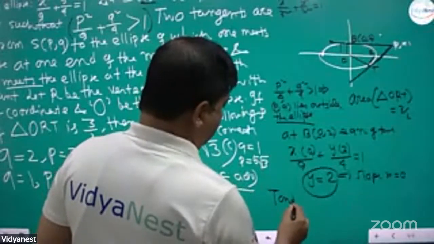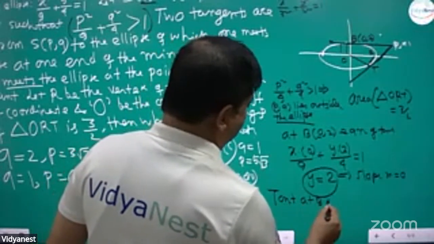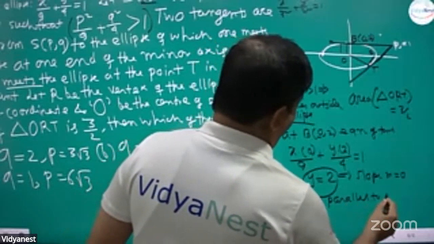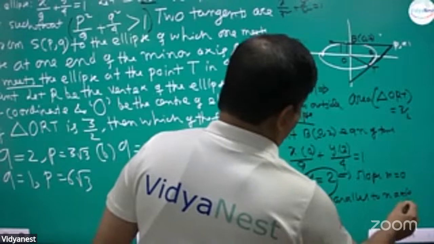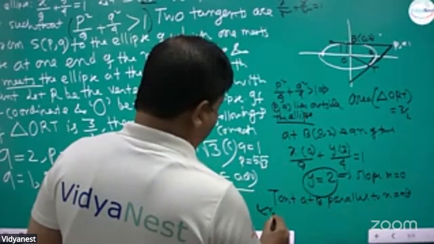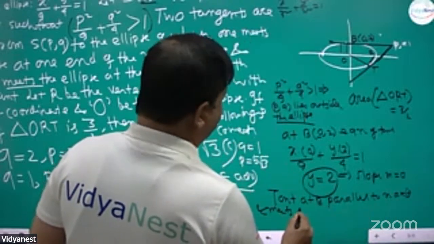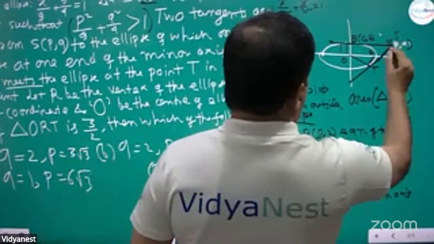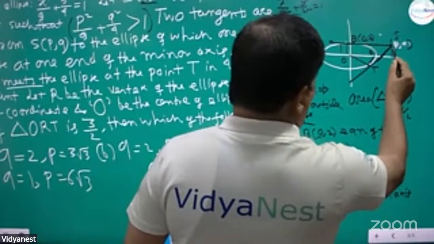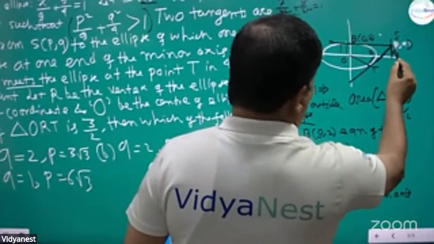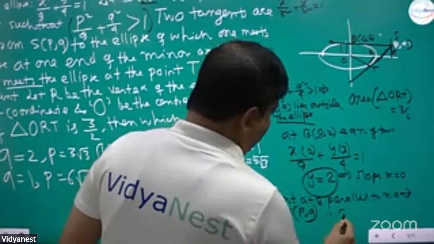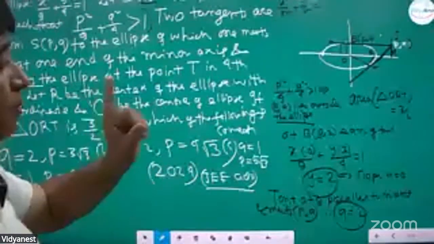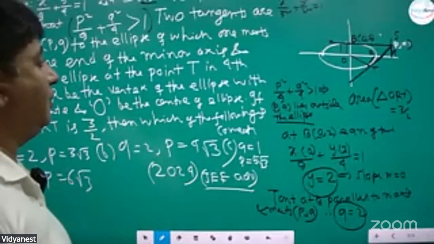Tangent at B is parallel to the x-axis and meets PQ, that is S. So what is the y component of this point? That is Q. Therefore, Q is also 2. Yes or no? I have got Q is 2.